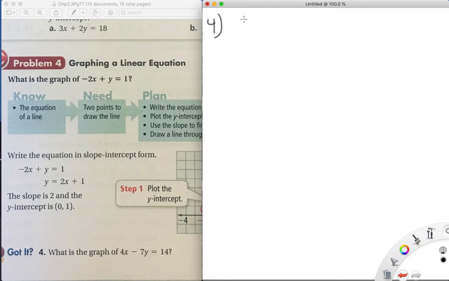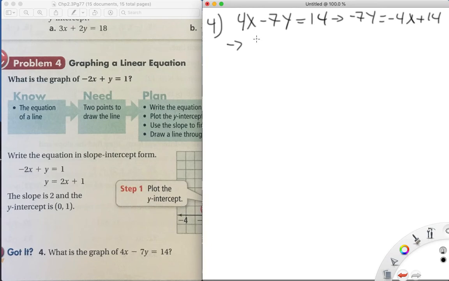They want us to graph 4x minus 7y equals 14. First thing I've got to do is turn it into slope-intercept form. Subtract 4x from both sides. That gives me negative 7y equals negative 4x plus 14. Then divide both sides by negative 7.